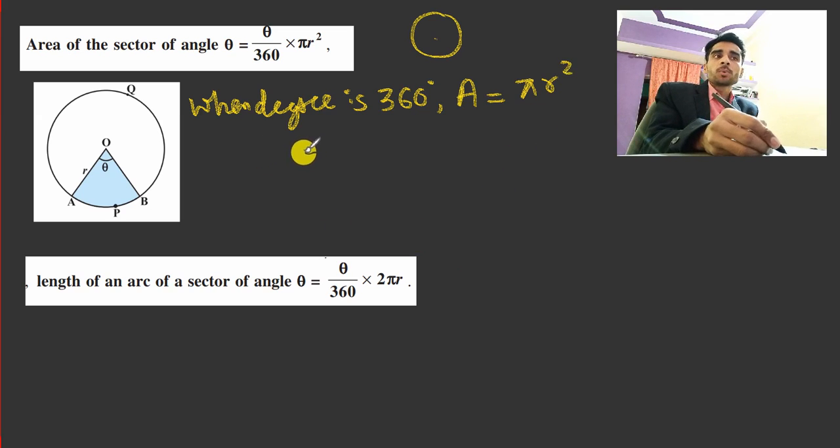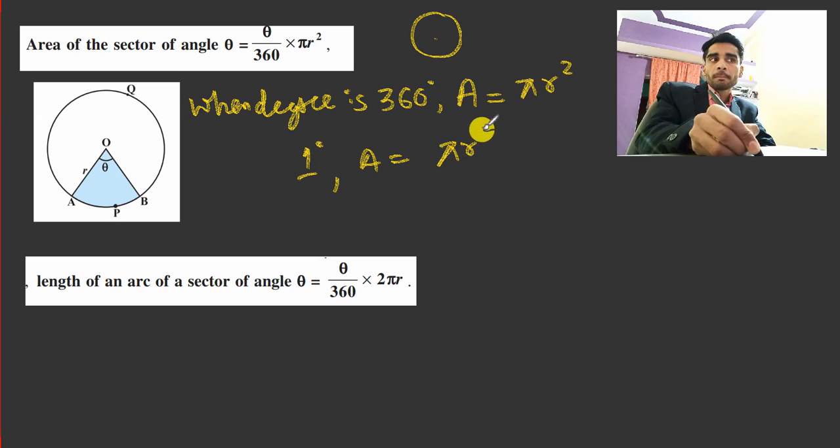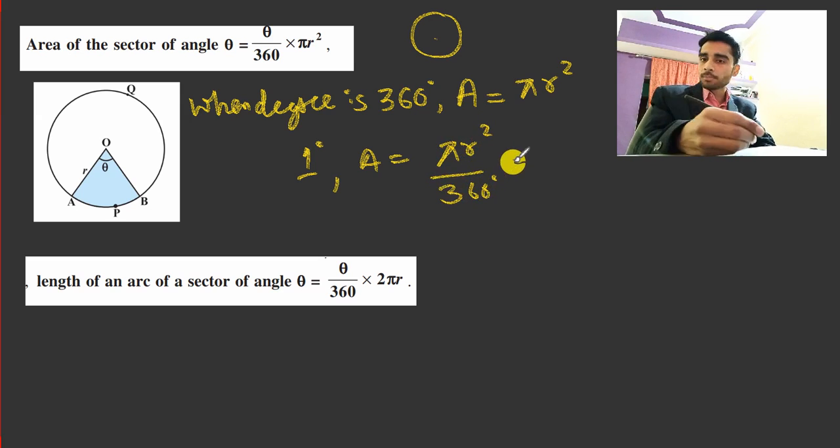Now if we have to find the area when the degree is 1 degree, then the area of the sector will be pi r square upon 360 degree, with the help of the unitary method.